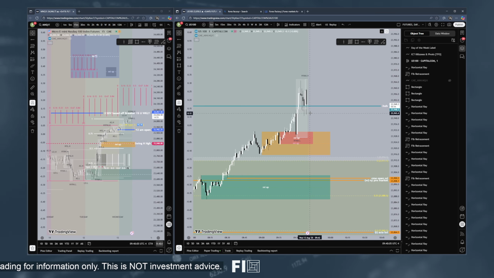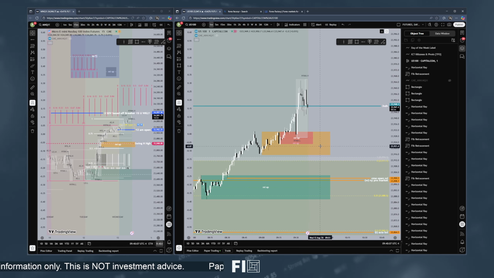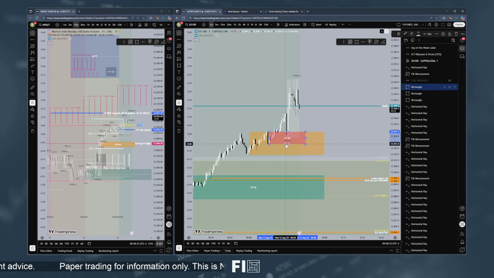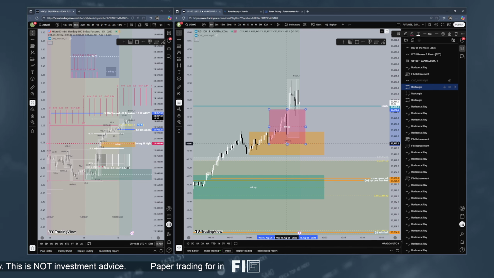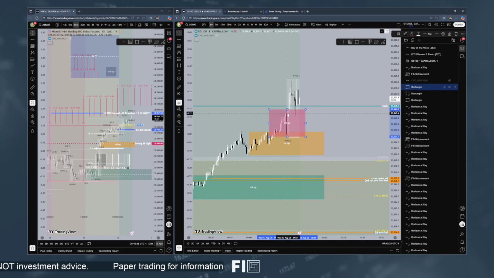Sometimes the best portion is to just let it rest, like let it be. Come back at 9:45 when you'll get a brand new structure, and then see how you'll move on from there. But from what I'm seeing right now, we made a low to high, lower low, higher high. So that's one of those, like this.